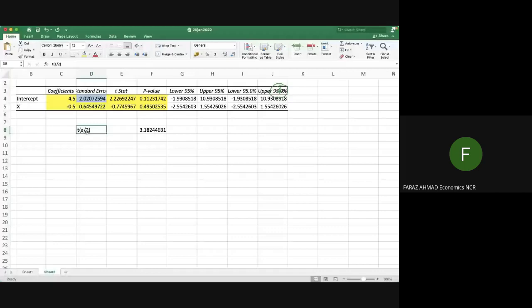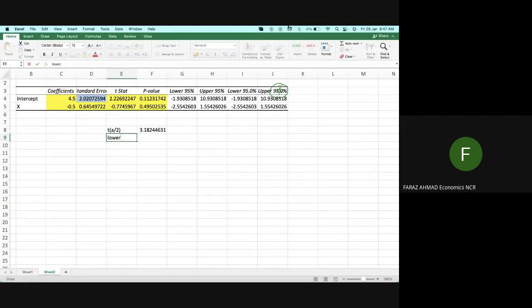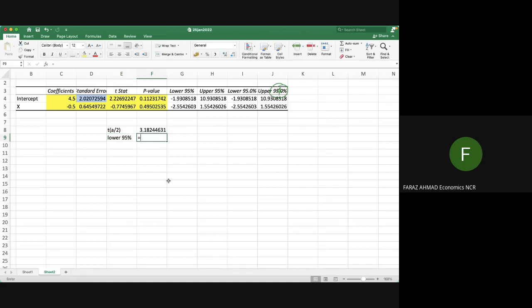Now I'm going to form the lower limit, lower 95%. If you remember the formula, in case of beta 1, it was beta 1 hat, which is 4.5, minus the standard error of beta 1 hat times T alpha by 2, which is 3.182, and we got the lower limit of the 95% confidence interval of beta 1 hat. You can get the upper limit too. Let me not write 95, let me write beta 1 and beta 2.